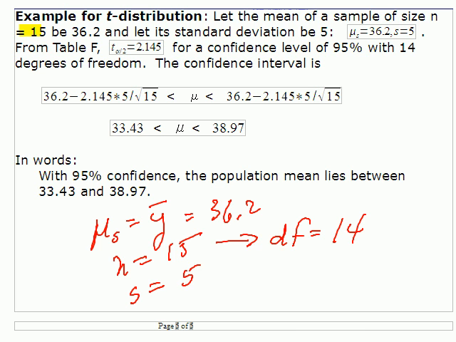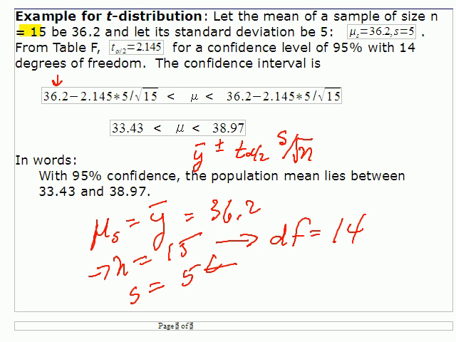Okay, the general equation looks like this: y bar minus t alpha over 2 times s, and we know s is 5, divided by the square root of the sample size n, which is 15. To get both sides, it's plus or minus that value. So you can see what we have here.